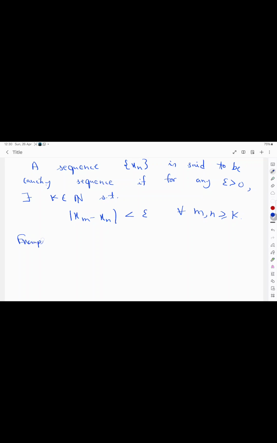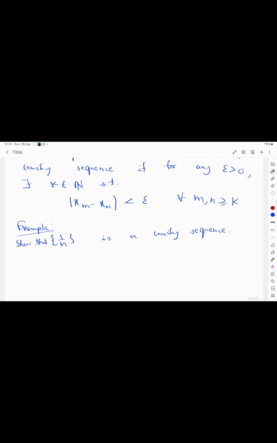Example. 1 by n is a Cauchy sequence. Okay. You start from xm minus xn, right?